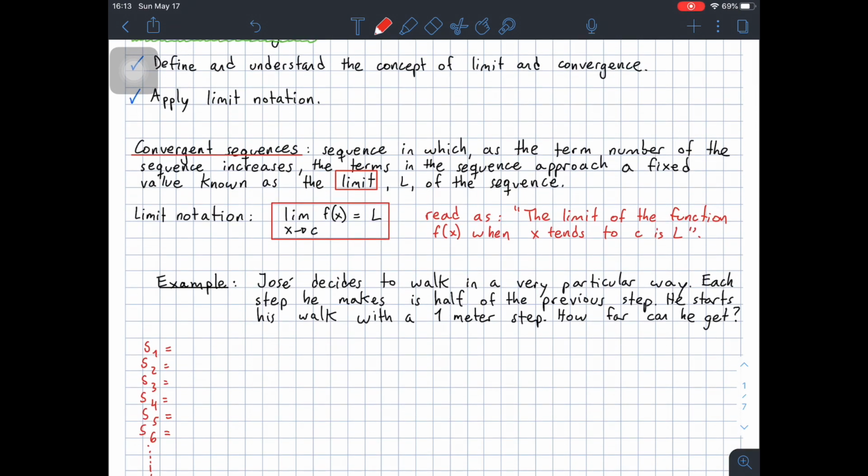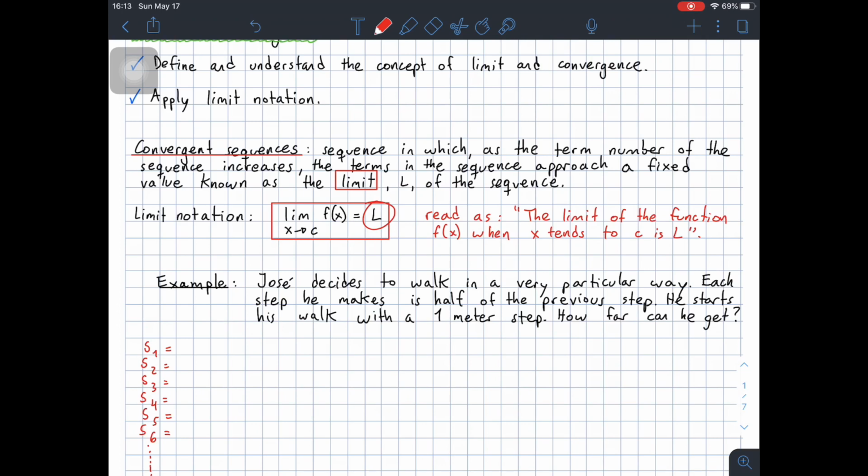So this is the limit notation. We're going to be applying this to different problems later on, so don't worry if you don't understand this right now. It basically is the limit of a function when x tends to a specific value c.